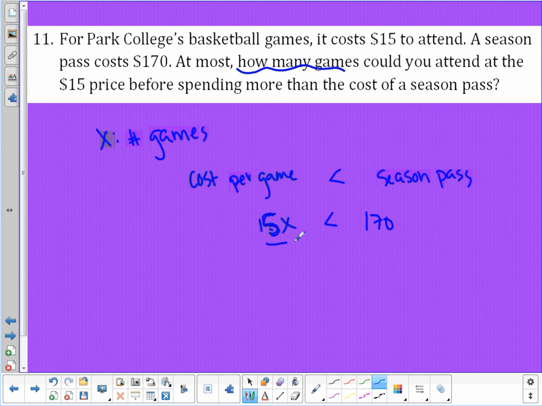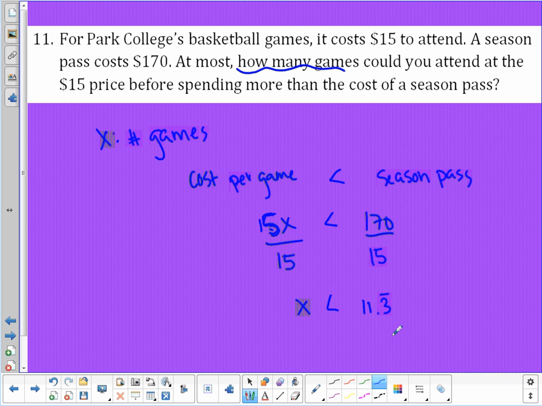And then only one step to divide. This is just a basic, simple one-step inequality. I end up with x is less than 11.3 repeating. Now let's talk about what that means for a second. That means x has to be less than 11.3 repeating games. I'm willing to bet if you went into a game, paid 15 bucks, and left after a third of it, you're not getting some money back.